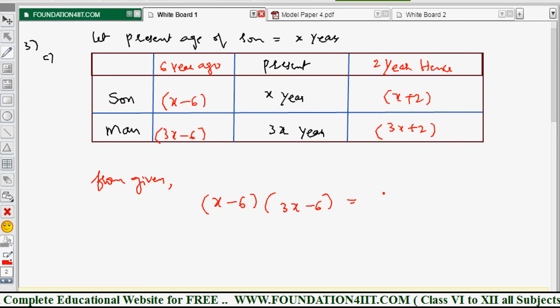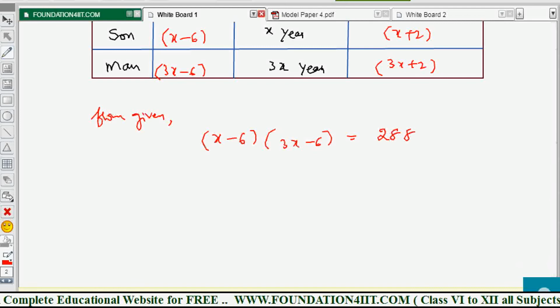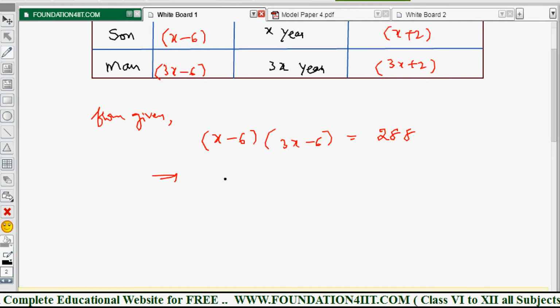If you multiply both, that should be equal to 288. Right, we'll solve this and get the value of x first. To simplify, multiply x minus 6 into 3x minus 6. Take 3 common: x minus 6 into 3 times x minus 2 is equal to 288.